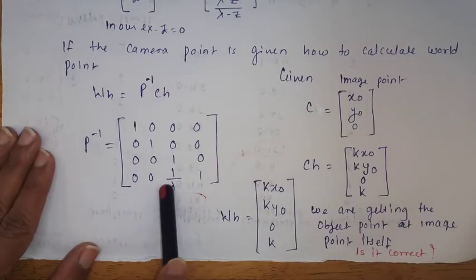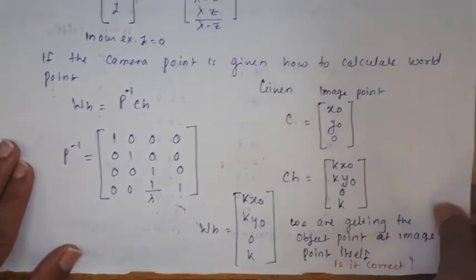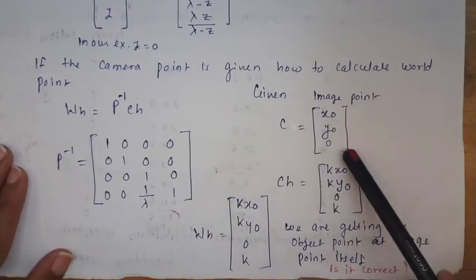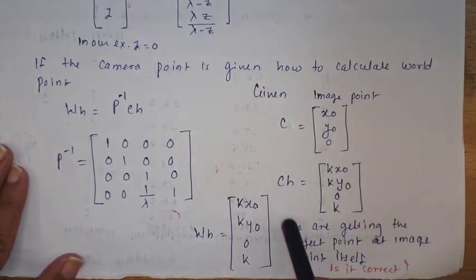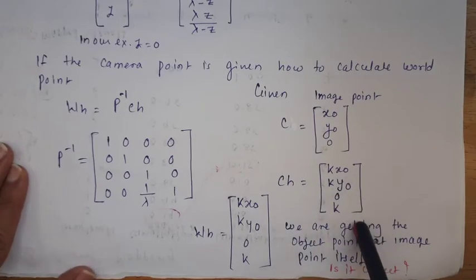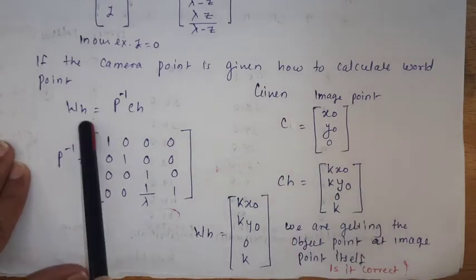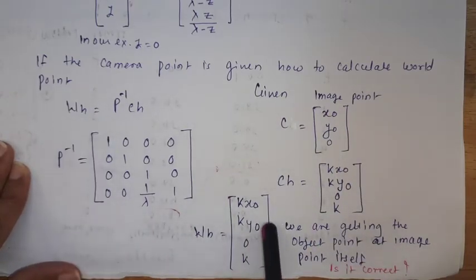There is just a sign difference over here. Now the given image point is x0, y0 and 0. This is a given point on the camera plate. So CH will be kx0, ky0, 0 and k.